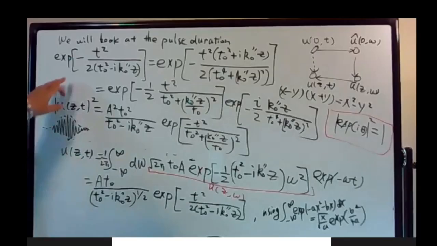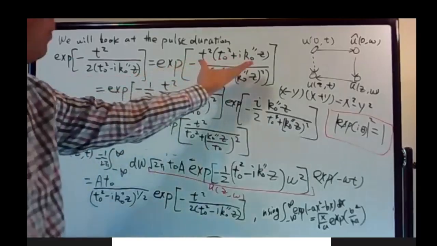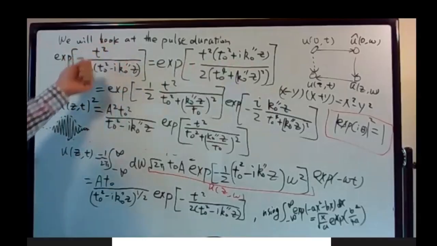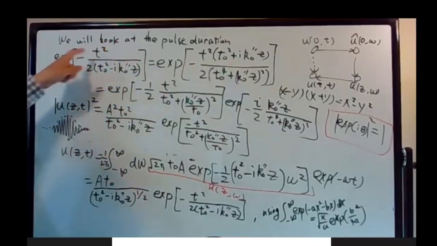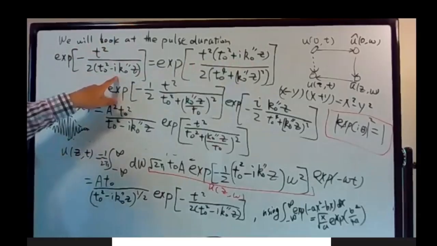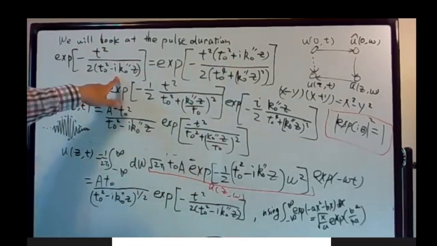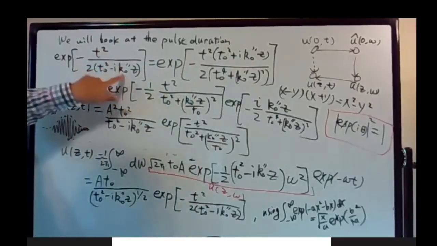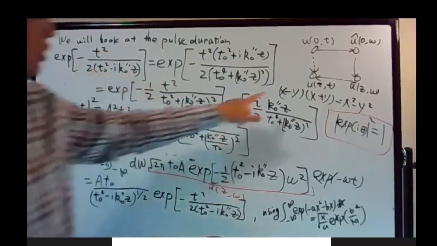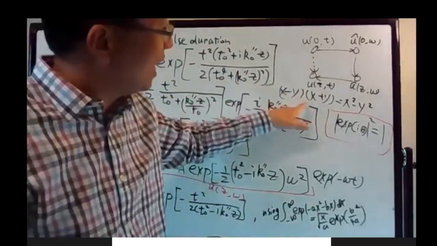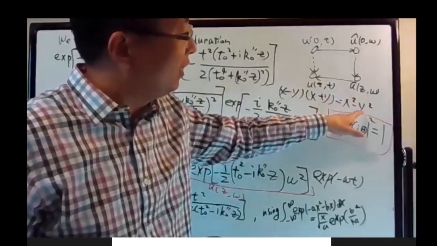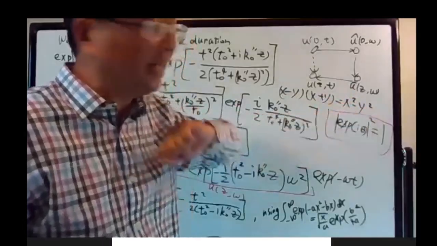We can split the real and imaginary parts. We have this factor, with a numerator and a denominator, and the denominator has an imaginary part. So we multiply by T₀² plus i k₀'' z. We have (X minus Y) times (X plus Y), which gives X squared minus Y squared, and Y has an i in it.